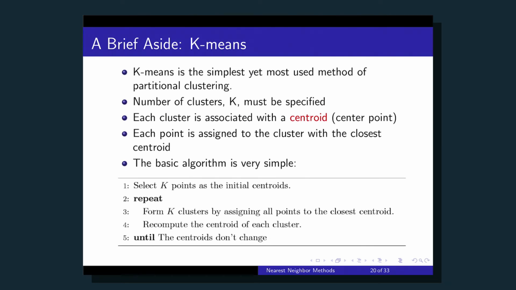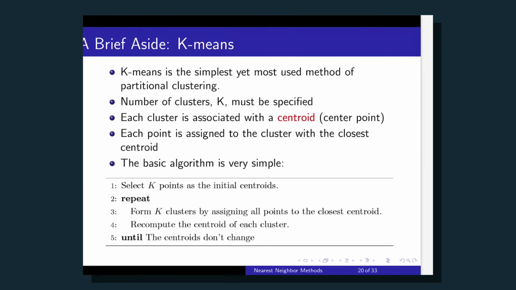You start with k points, usually random points, as initial centroids, and then you assign all points to their closest centroid, whichever one it is, and then recompute the centroid of each cluster by taking the average of all the points assigned to that cluster. And you repeat this until the points don't change.